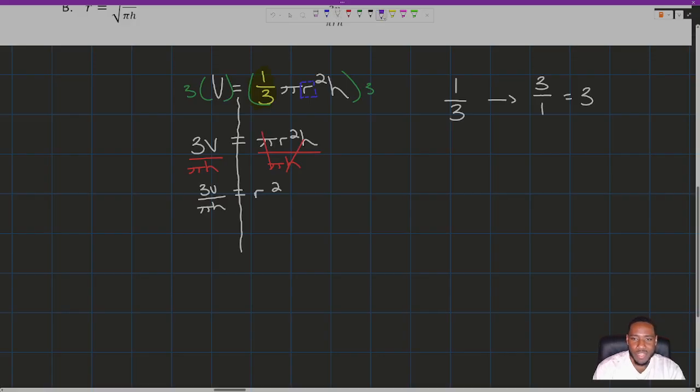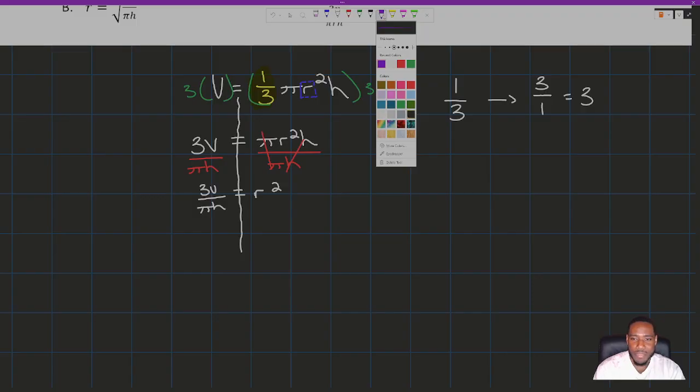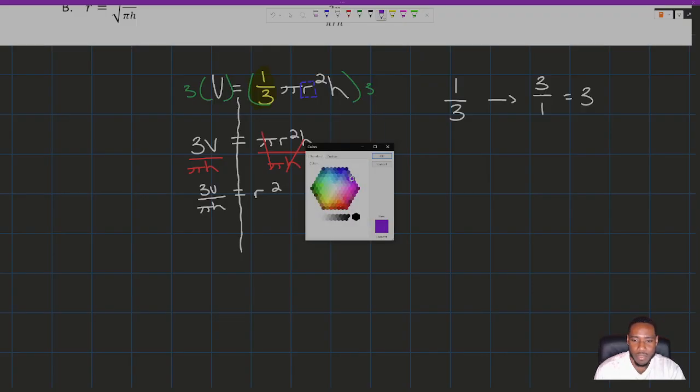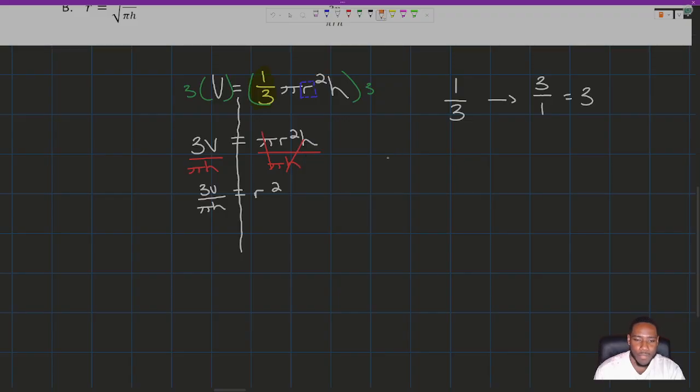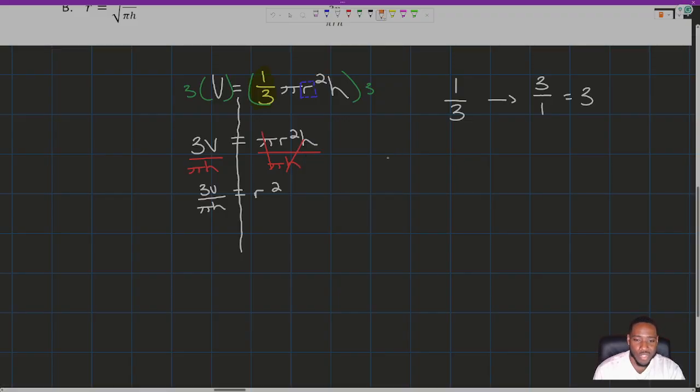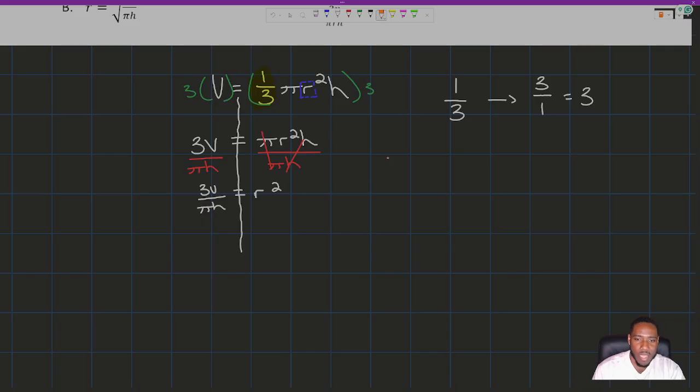Now the last thing to consider is the square, right? R squared is the situation. We have to get the r by itself. If addition and subtraction are inverses, they cancel each other out, and the same is true of multiplication and division, then square should also have its inverse operation, and that is square root. So to finish off, we're going to take the square root of both sides.